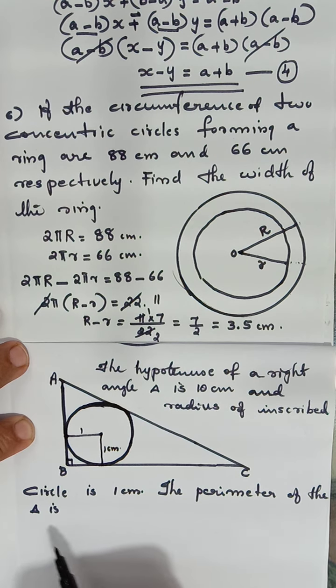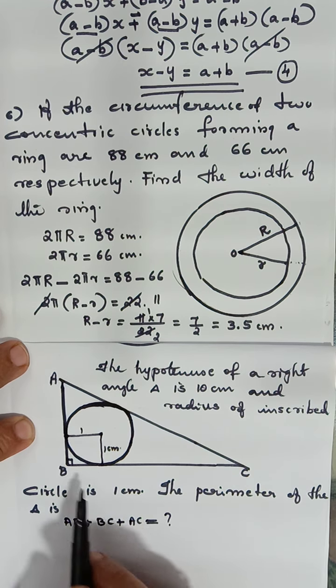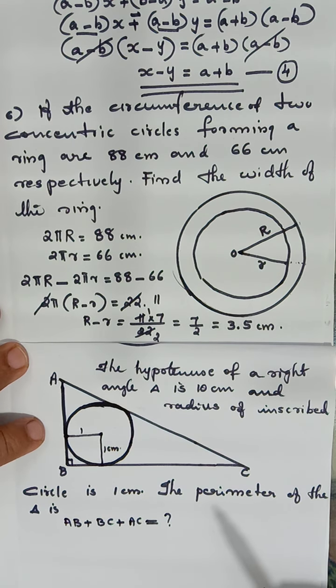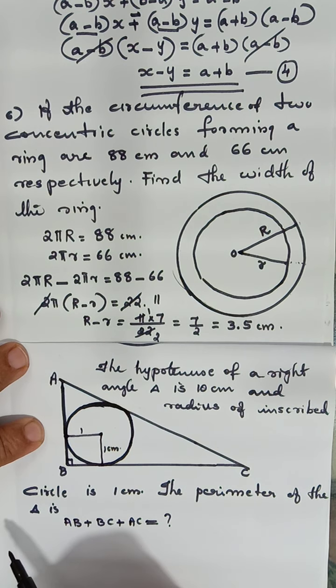The perimeter of the triangle means we have to get AB plus BC plus AC. How do we get that? How do we get the lengths BC, AB and AC? One clue is it is a right triangle, therefore angle B is 90.